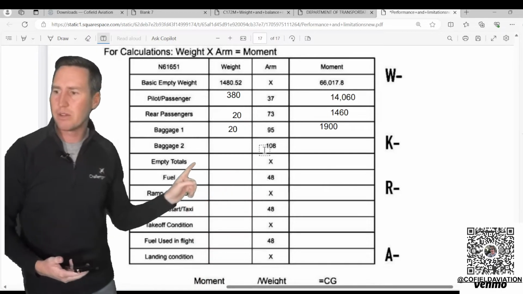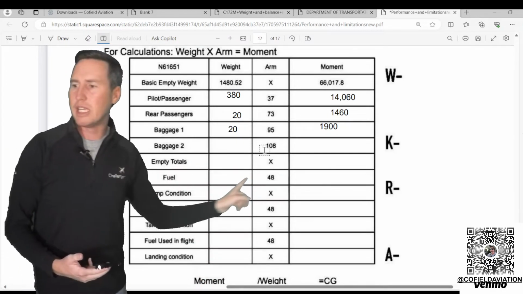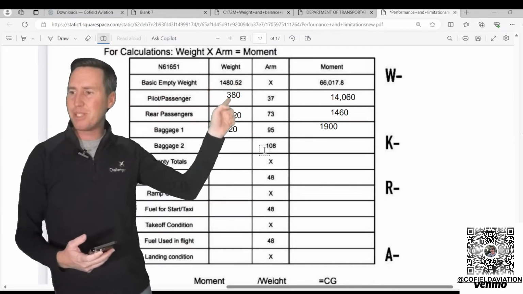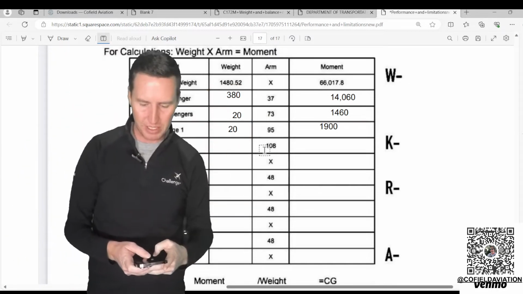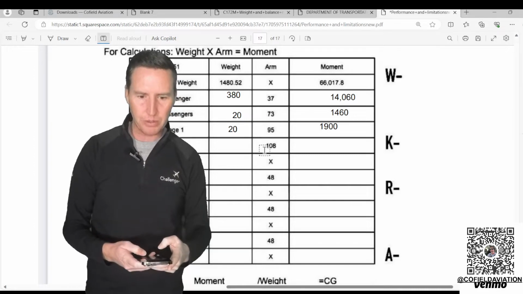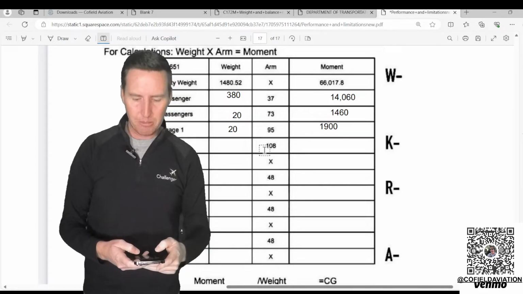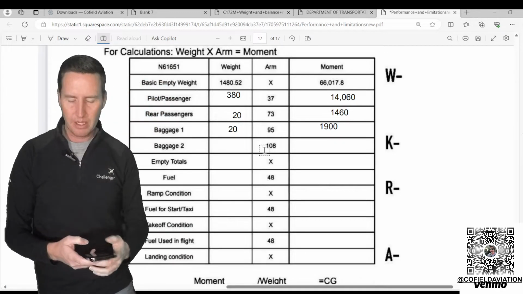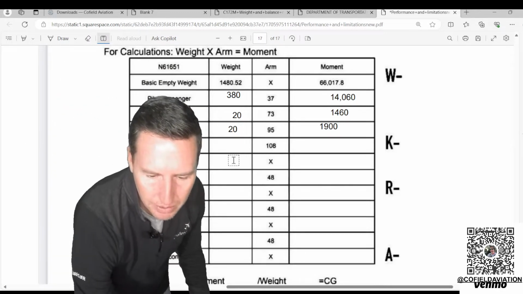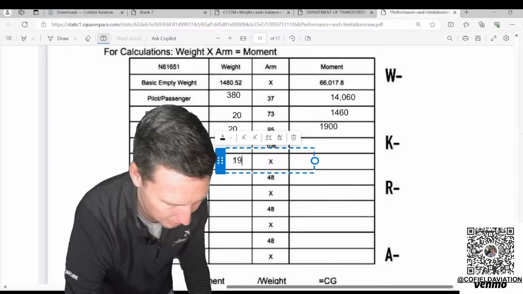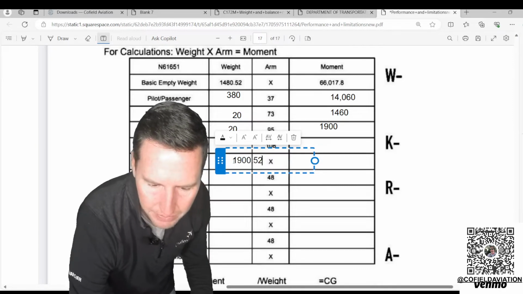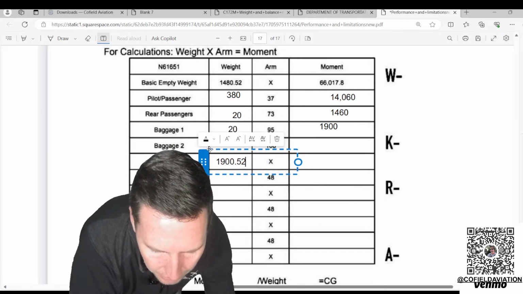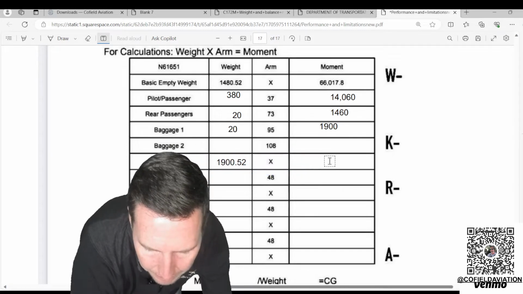And so then from here, we just total up our empty totals. Okay, so don't forget to add the empty weight. All right, so we're going to go 1480.52 plus 380 plus 20 plus 20 equals 1900.52. Okay, let's kind of move that over just a little bit. There we go.